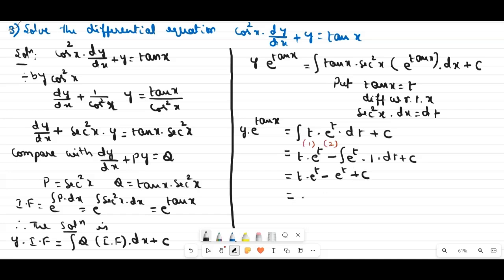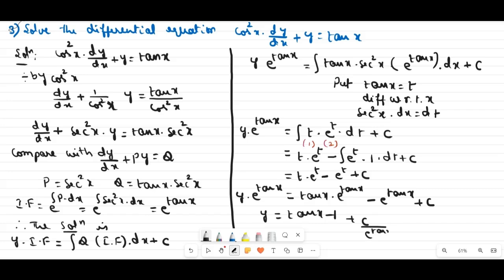Substitute the t value: tan x into e to the power of tan x minus e to the power of tan x plus c. On the left hand side we also have e to the power of tan x, so we can divide the whole equation by e power tan x. Then y is equal to tan x minus 1 plus c by e power tan x. So this is the final answer.